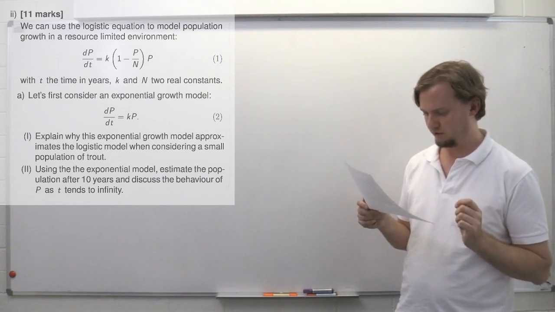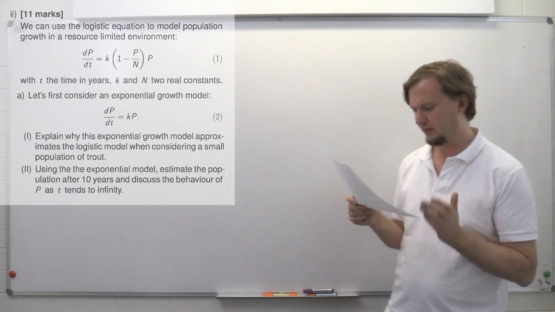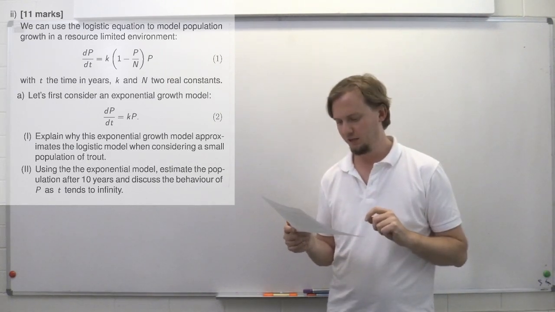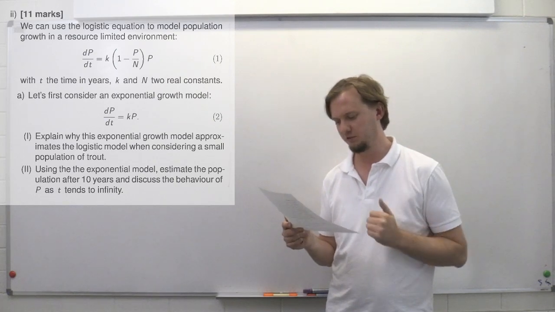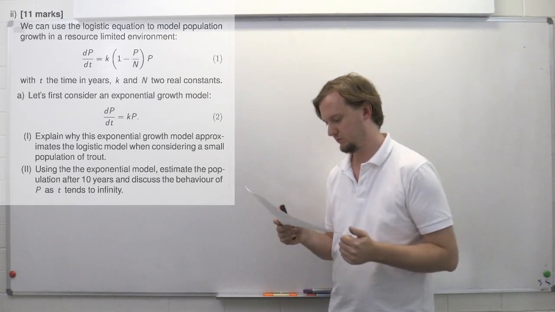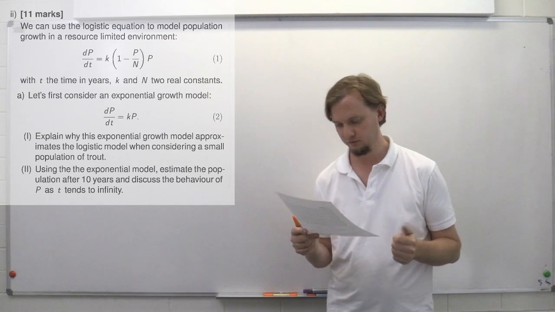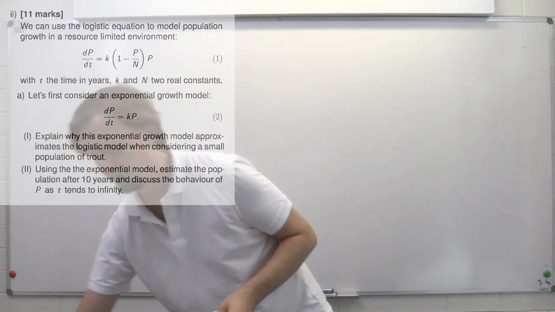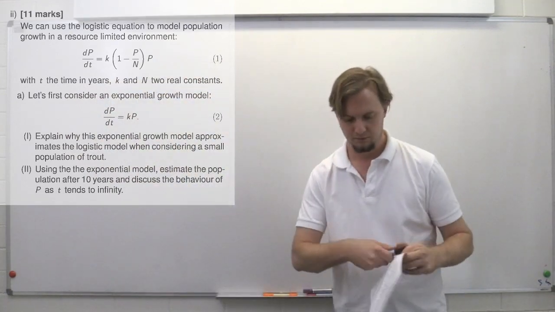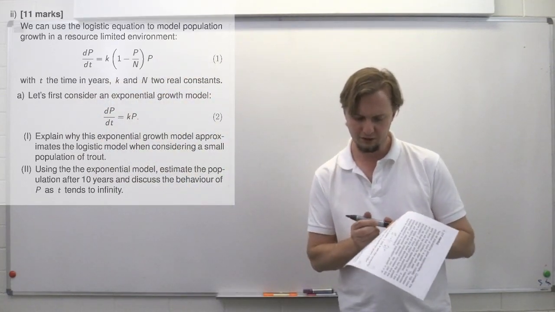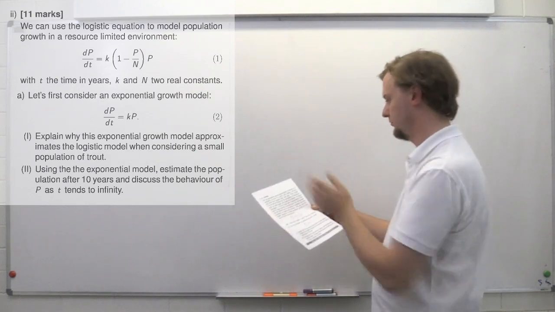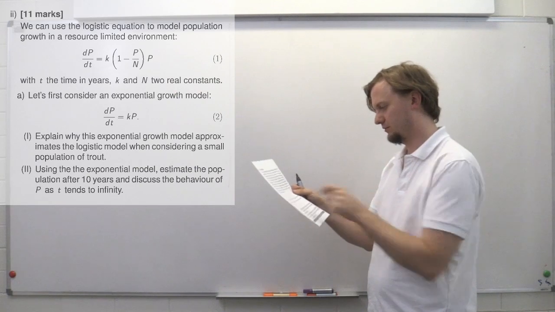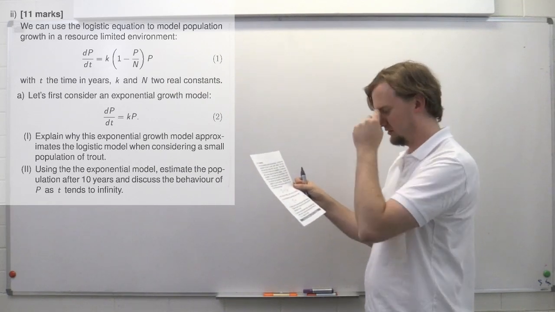What they first want us to do is explain why this model, called 1, can be approximated by the exponential model for very small populations. And then we actually want to use this exponential model to make some predictions. If you look at the model called 2 versus the model called 1, the real difference is that coefficient in the middle of 1. So that's kind of vanished.